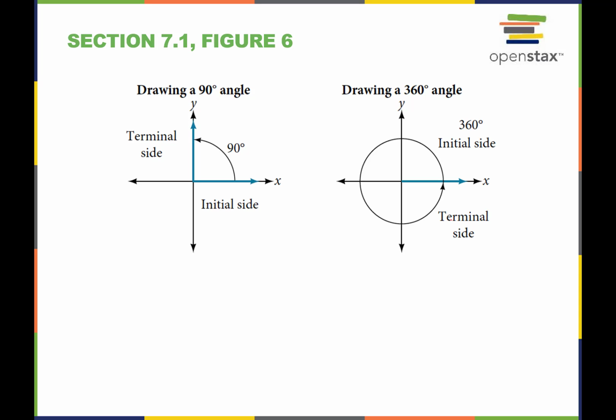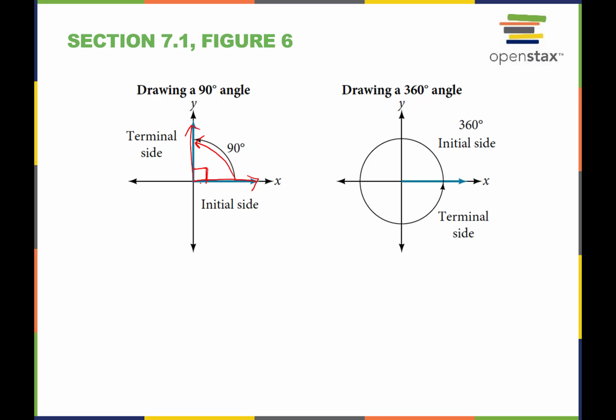Okay, some basic angles. If your initial side starts on the positive x-axis and it opens to the positive y-axis, that's a 90-degree angle that's in standard position. And a lot of times you'll see a little box here. If it's not written in 90 degrees, but you see a little box here, that's the notation for assuming that that's 90 degrees.